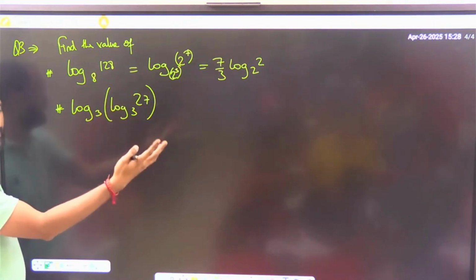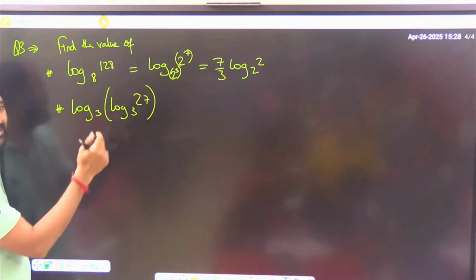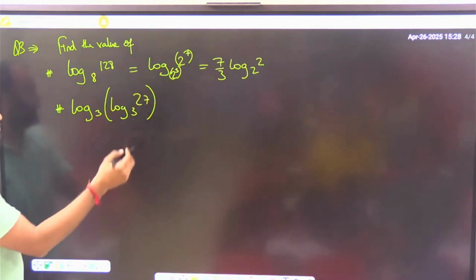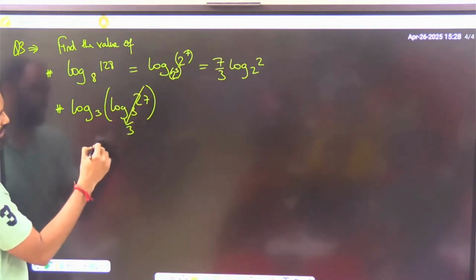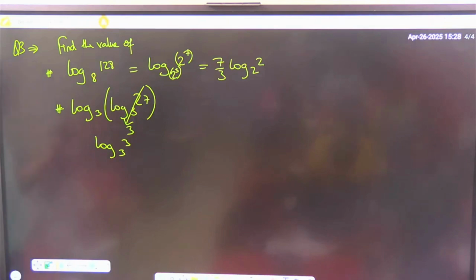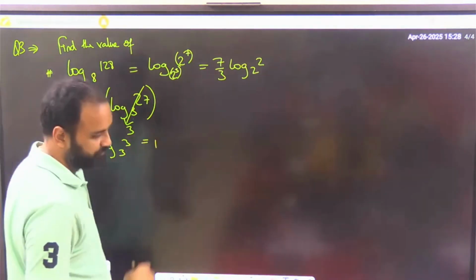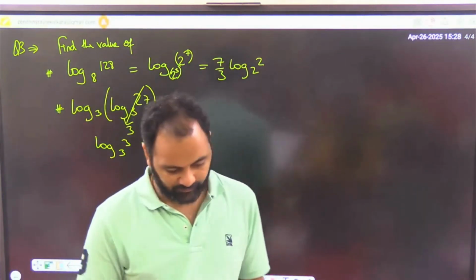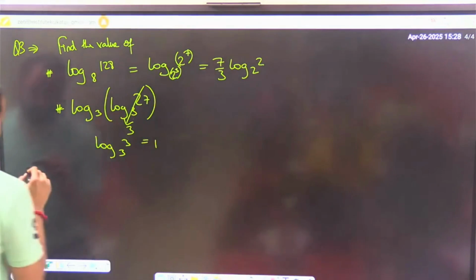This is also a simple question. What should the exponent on 3 be so that it becomes 27? 3. So the value will be 3. That's like log 3 to the base 3. And what would be log 3 to the base 3? 1 again. Okay. Next question.